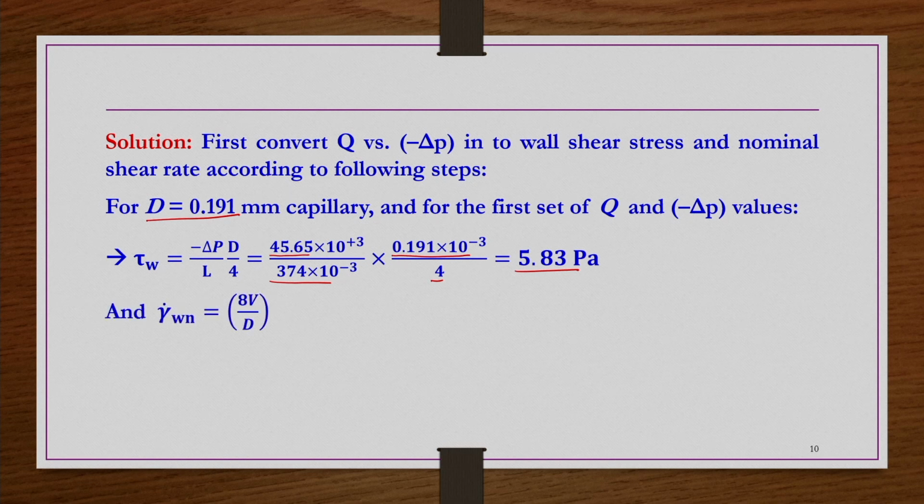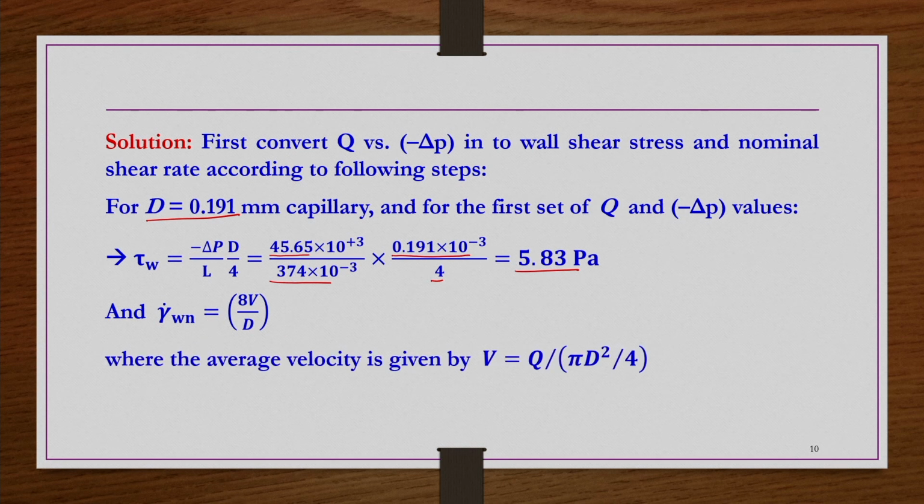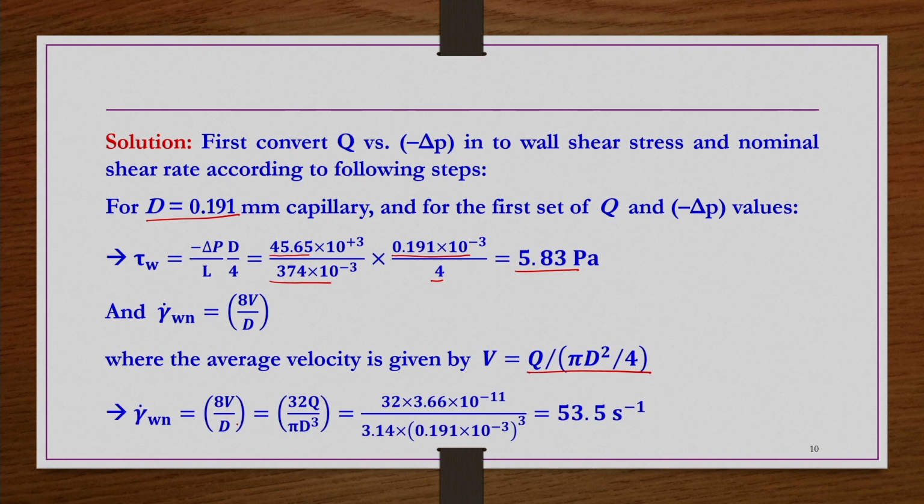Now similarly, gamma dot Wn, the apparent or nominal shear rate 8V by D, we have to get. In terms of Q, V is equal to 4Q by pi D square. If you make use of that in place of V, then gamma dot Wn is nothing but 32Q by pi D cube.